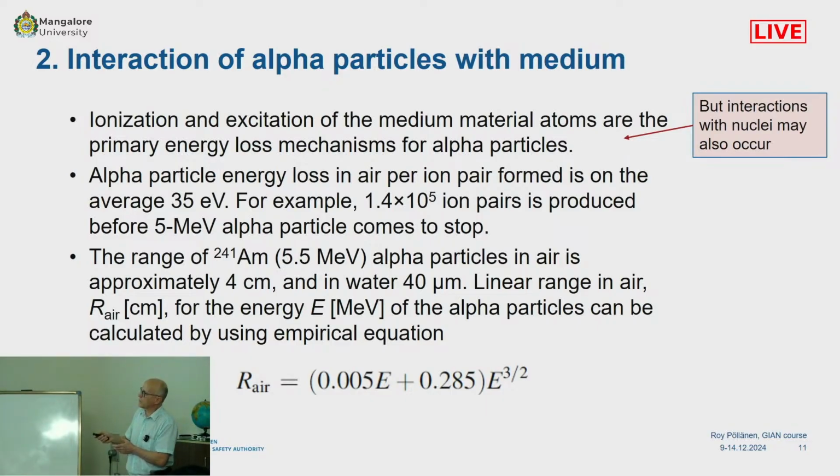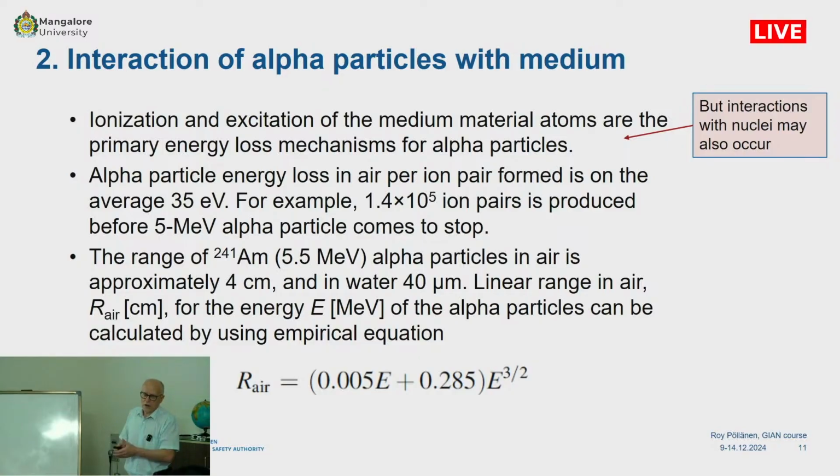For example, if we have a 5 MeV alpha particle, it means that around 100,000 ion pairs are produced.